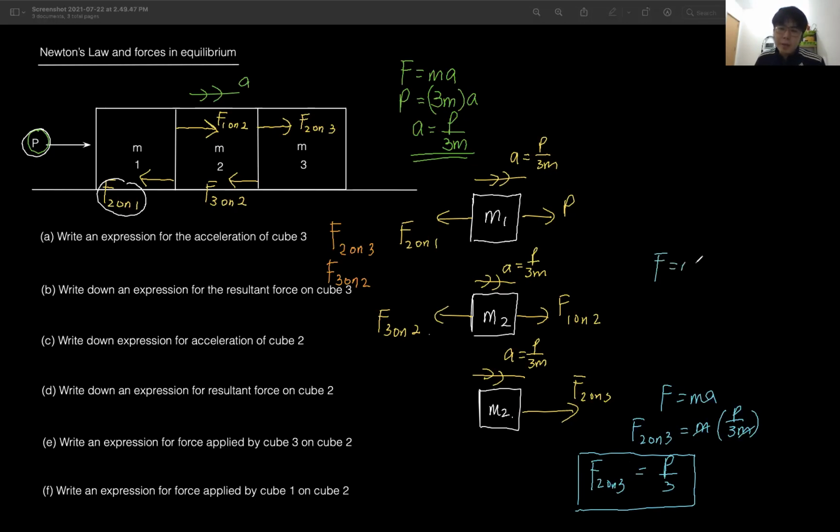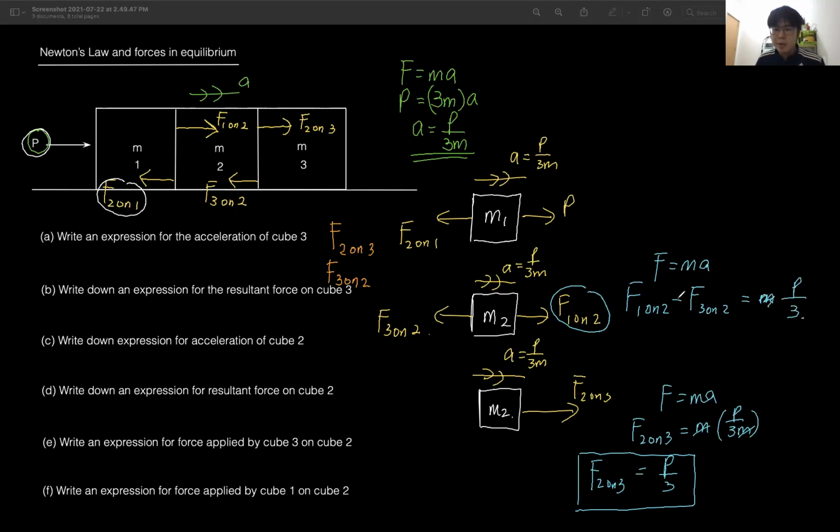How about M2? F equals to ma. Again, because we got two forces here, it's moving to the right, right? So this one should be bigger. I take the bigger, F1 on 2 minus F3 on 2 equals to ma. Okay, ma is P over 3.